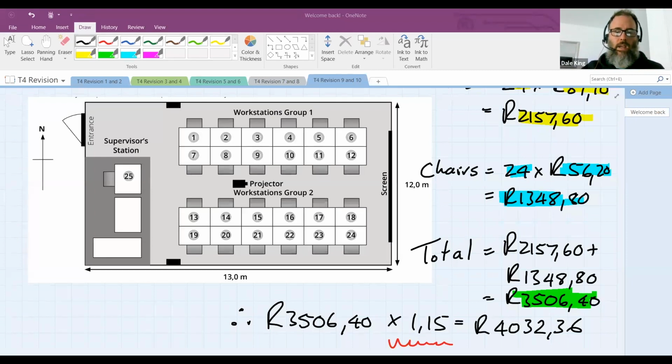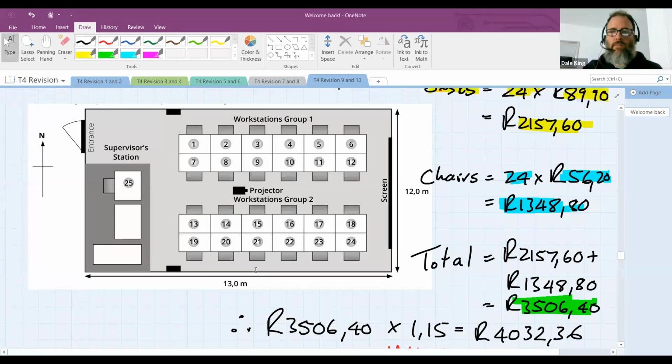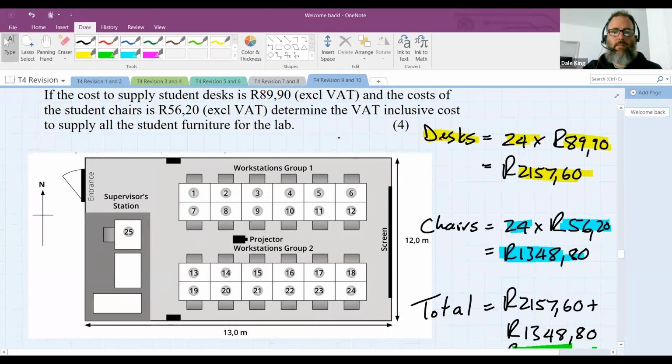So I'm going to say, let me find the information. My cursor's just disappeared. Where's it gone? There it is. All right, I'm going to put the calculator screen down here so I can see. So I need 24 desks. So I'm going to 24. Yeah, let's do it like this.